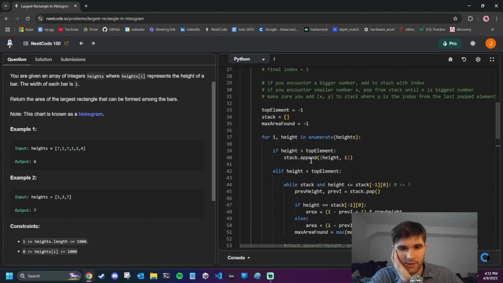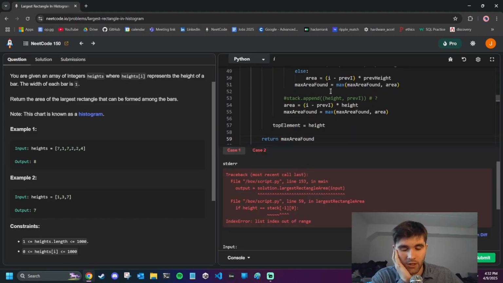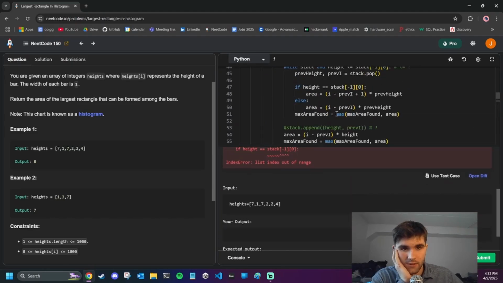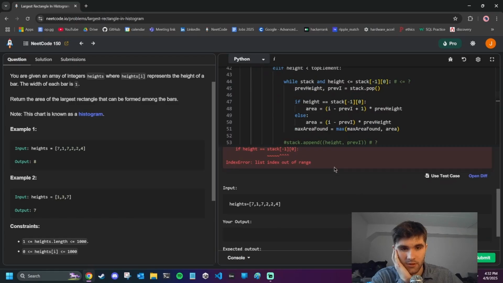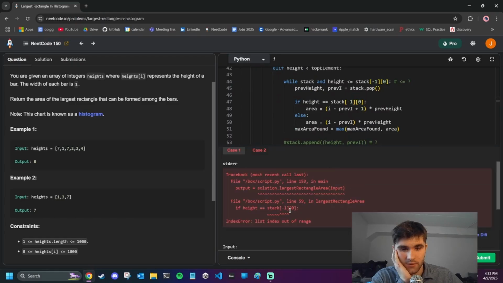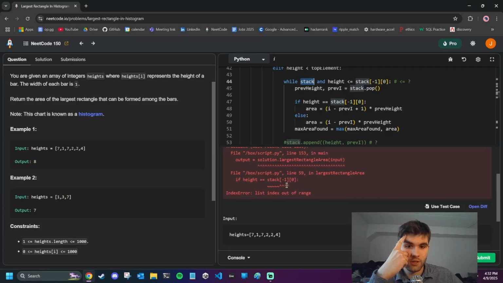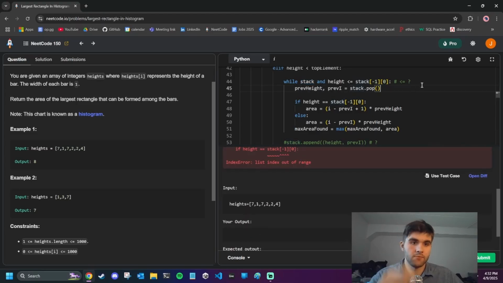So I'm not really expecting it to work off the bat. If our stack is empty, how is this? The stack must have at least one element in it, though, so I'm not sure how that's empty.